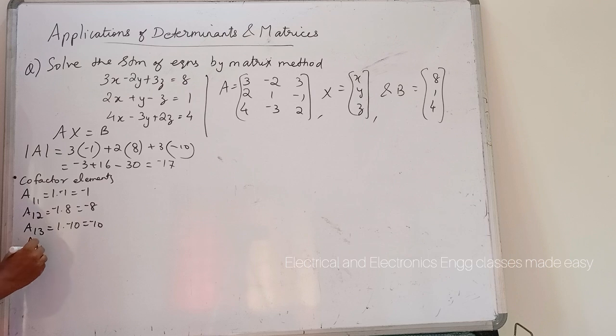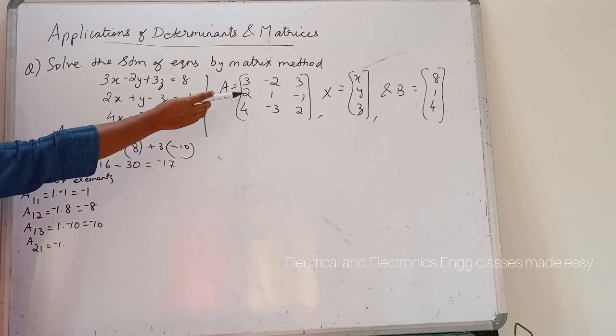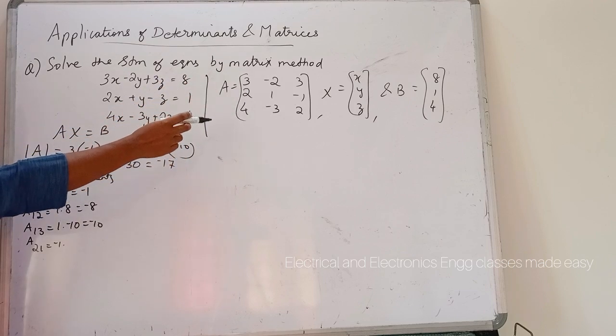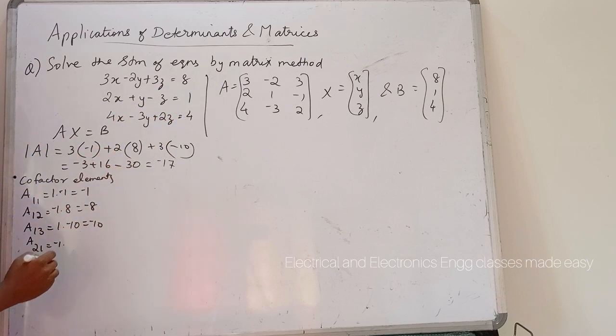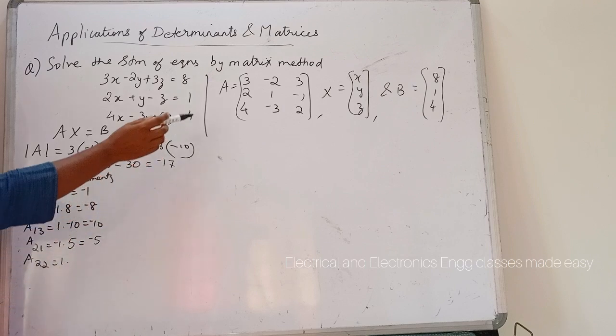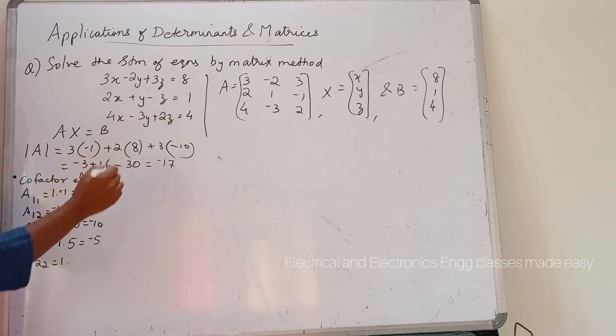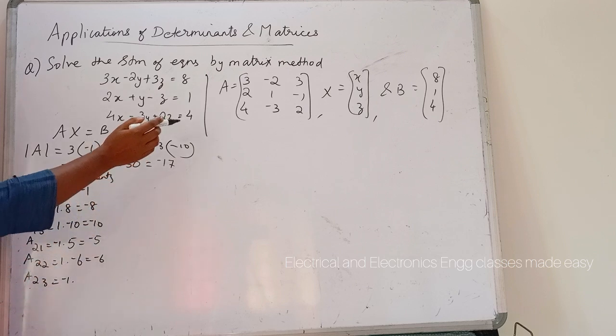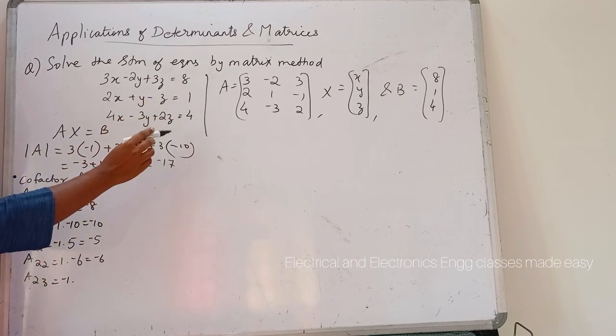Then A21 is minus 1 into M21. So M21 is found by deleting this column and row. So minus 4 minus 9. So minus 4 plus 9 is 5, that is minus 5. Then A22 is plus 1 into 6 minus 12. That is minus 6. Then A23 is equal to minus 1 into minus 9 plus 8.